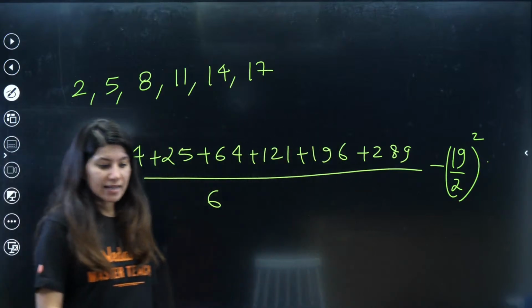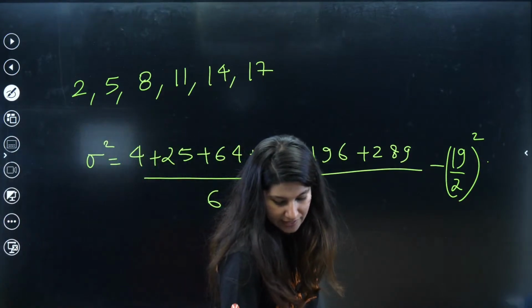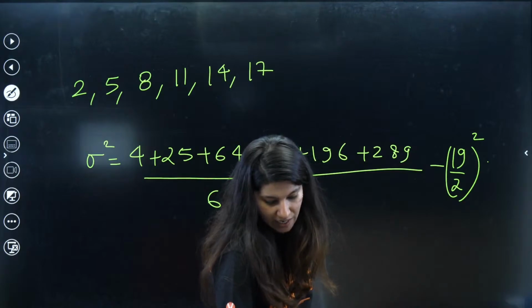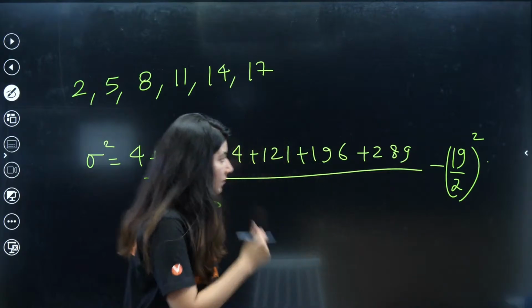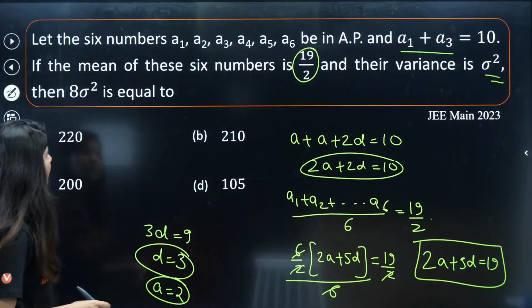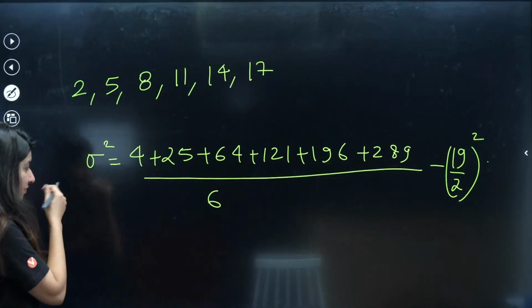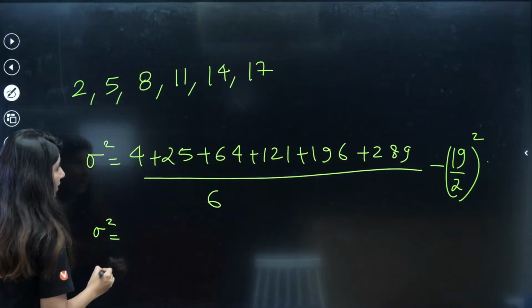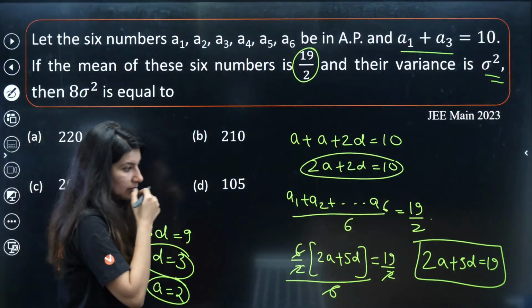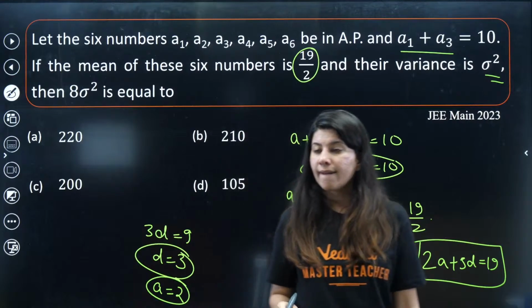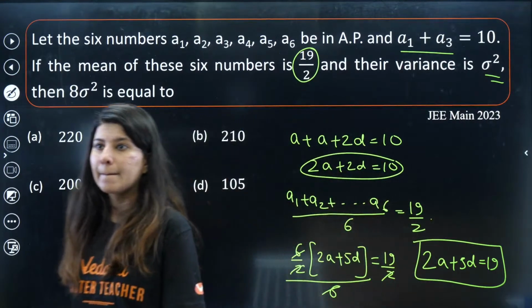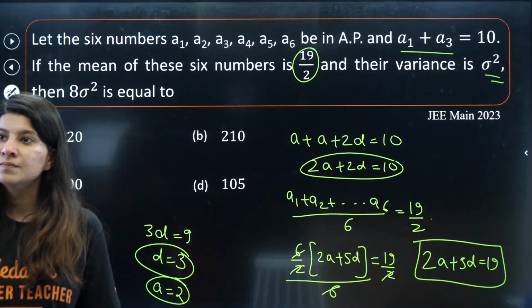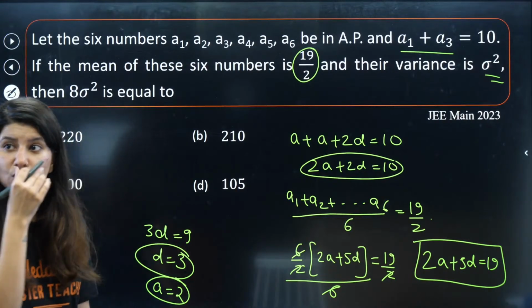Add these numbers, get the value. You will realize that, okay, so the answer would be what? Yes. So the answer would be, add this. So sigma square, the value would be what? Akshara is saying 210.